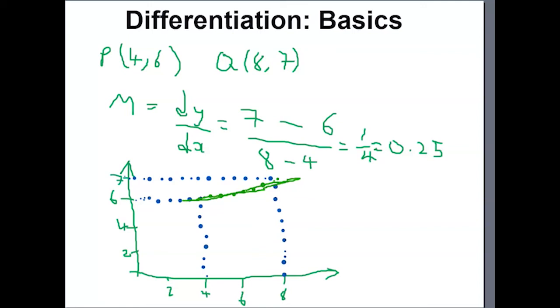Now what if we are given other points? Let me take another example: point P to be (-3, 6) and point Q to be (5, 2).